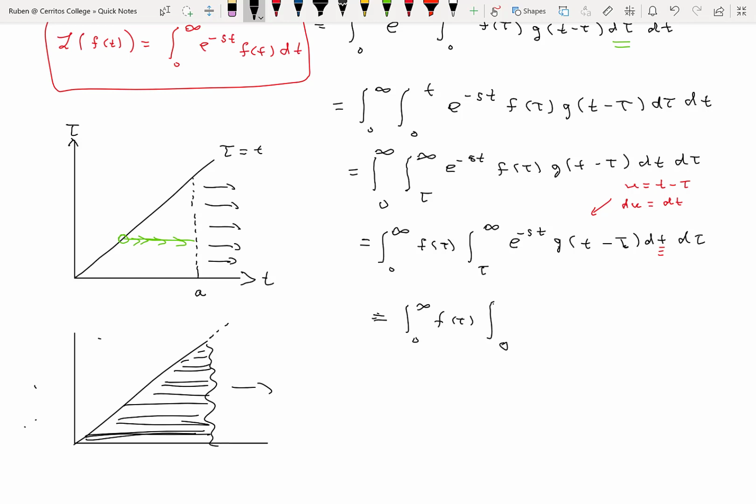So what about if t equals infinity? What happens to t minus tau? Tau is held fixed in this integral. t minus tau as t goes to infinity. What's infinity minus a constant tau? It's still infinite. Okay. So then we get e to the minus s, well, no longer t. Well, if u equals t minus tau, then t equals u plus tau.